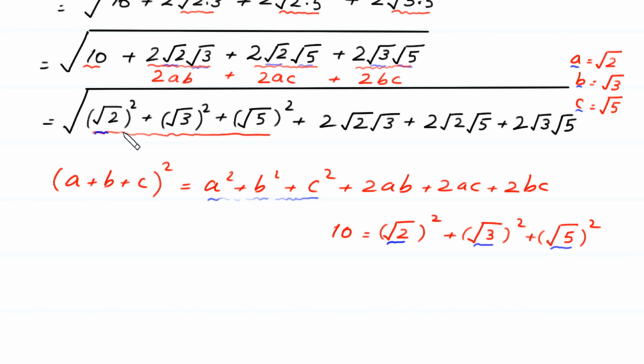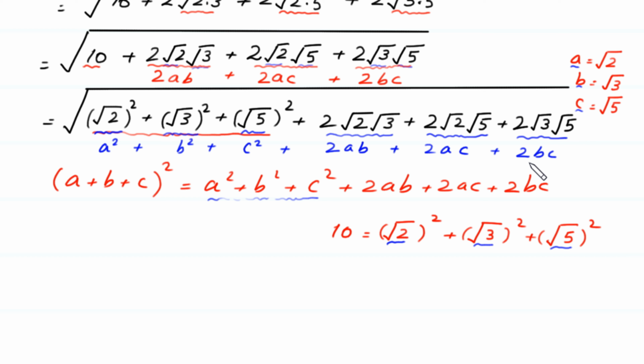Now this square root of 2 squared is same as a squared plus this square root of 3 squared is same as b squared plus this square root of 5 squared is same as c squared plus, and this 2 times square root of 2 times square root of 3 is same as 2ab plus this 2 times square root of 2 times square root of 5 is same as 2ac plus this 2 times square root of 3 times square root of 5 is same as 2bc.